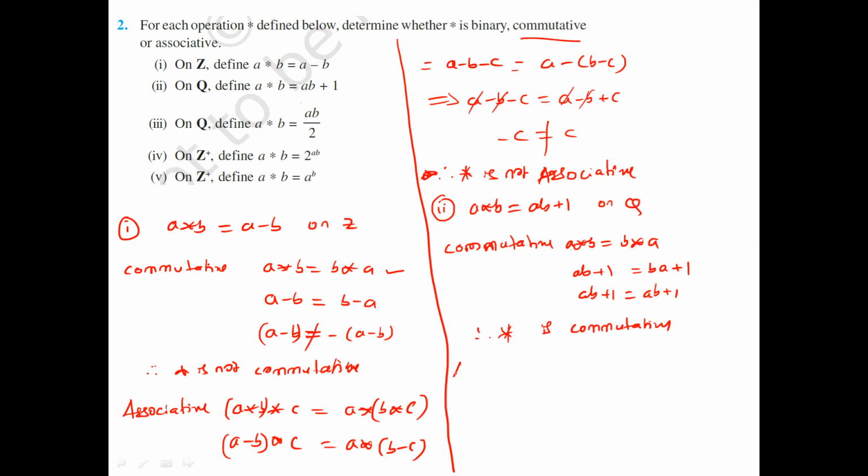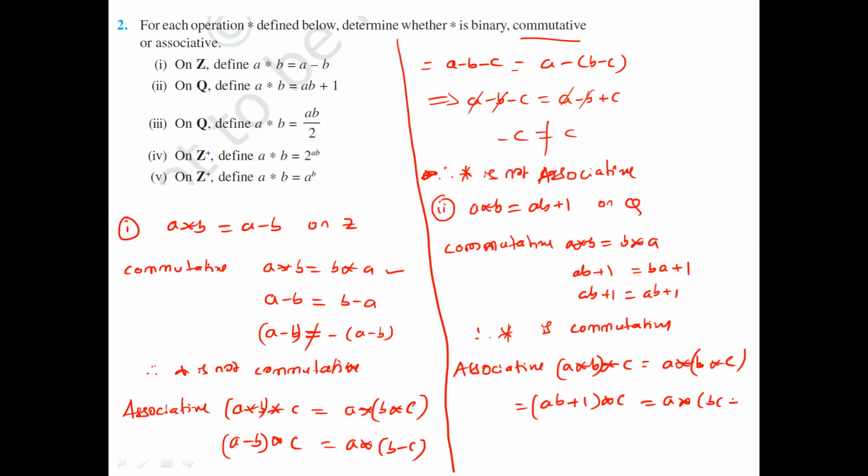Okay. Next, associative. A star B star C. I'll put brackets on the first two, and on the last two. What is A star B? AB plus 1, star C. Here A star, what is here?